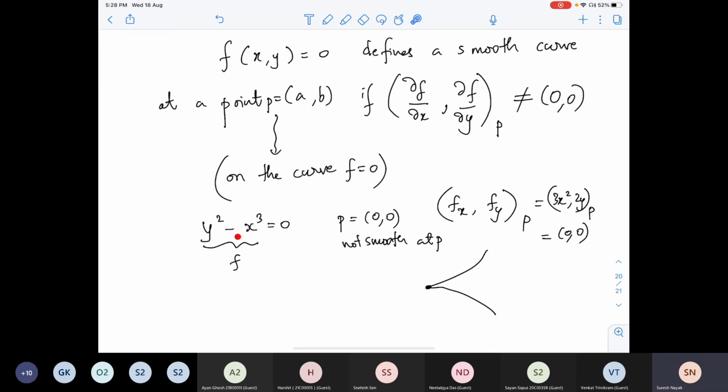Whereas if you take any other point on this curve, say (1, 1) or something, you will see that at least one of the partials will be non-zero. In fact, at (1, 1), both the partials are non-zero because you have the explicit formula for the partials right here. Maybe I forgot the minus sign here, so there's a minus: minus 3x squared.